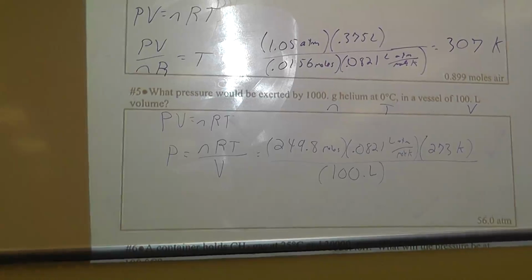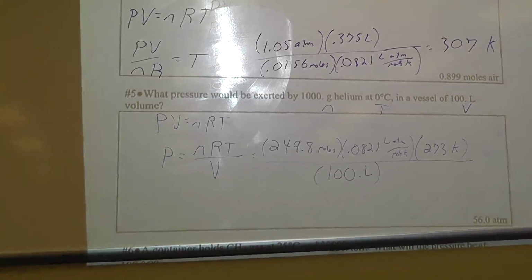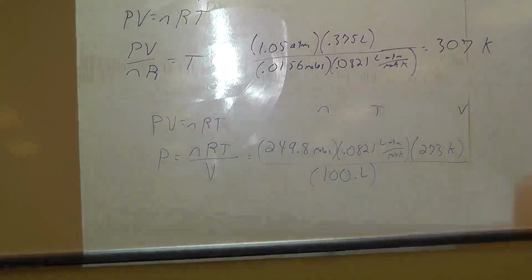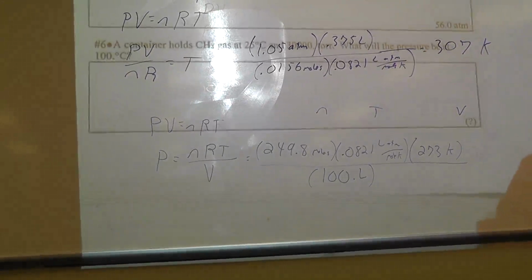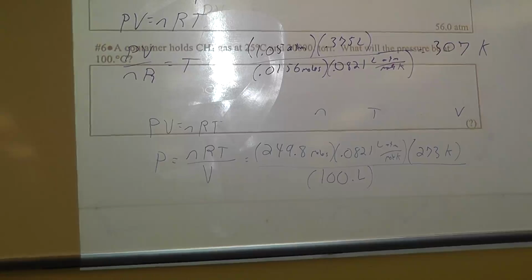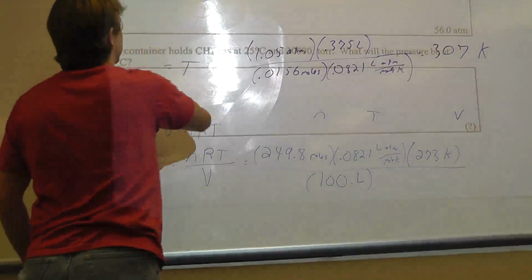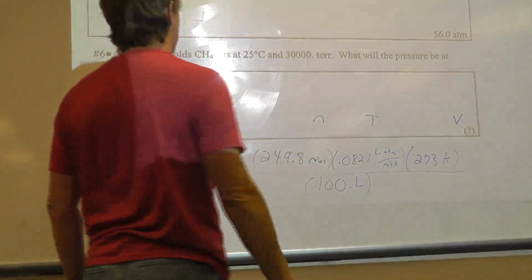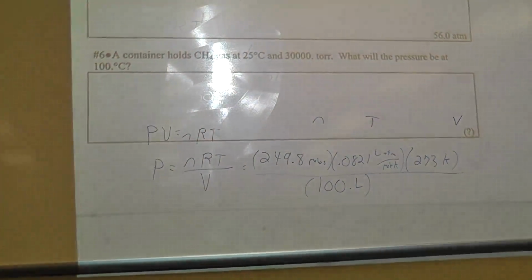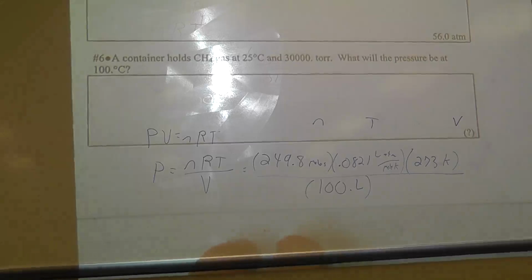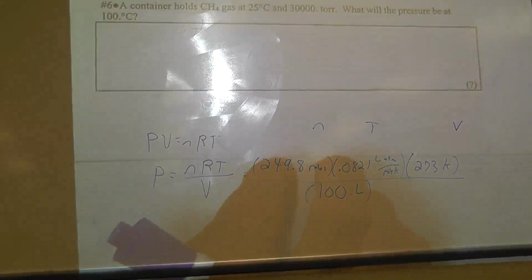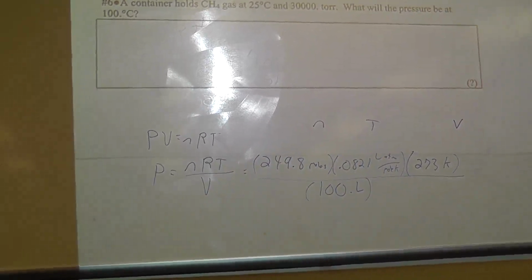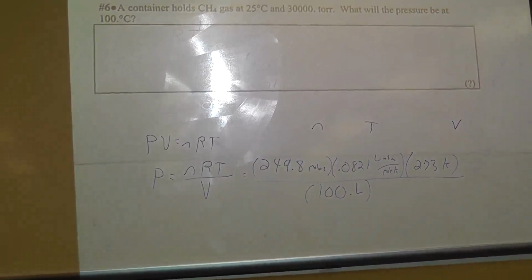All right. Problem number 6. What's different in problem 6 compared to all the ones we've done so far?